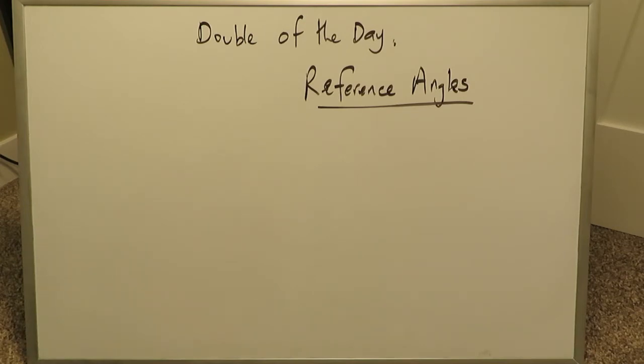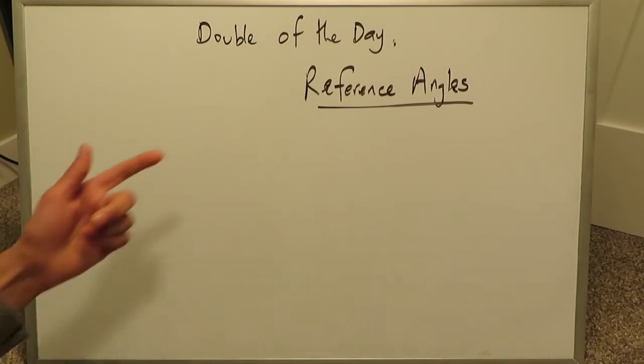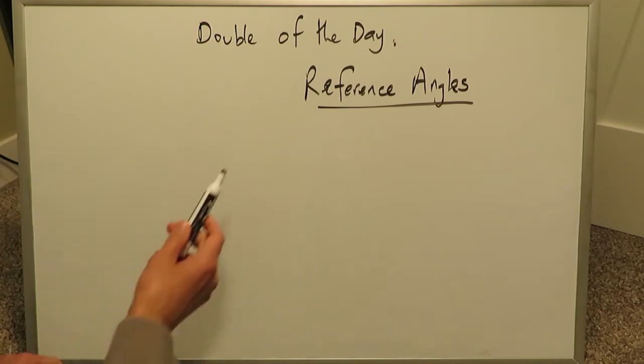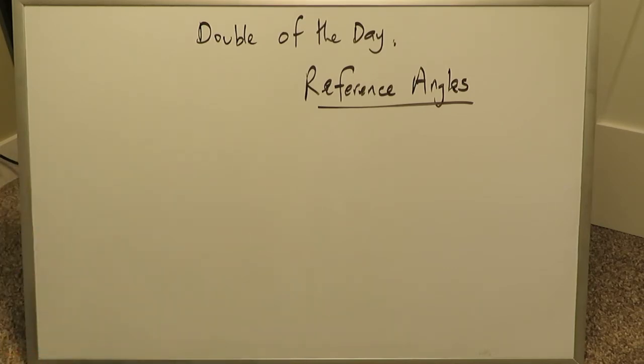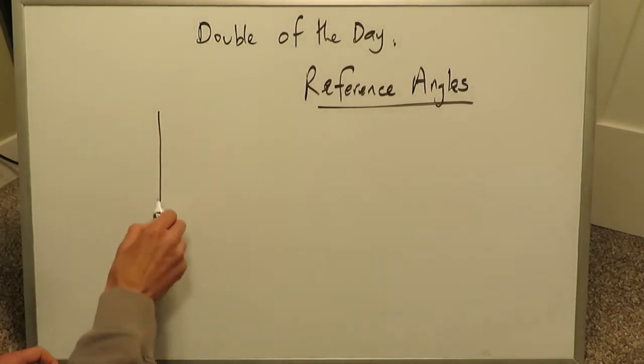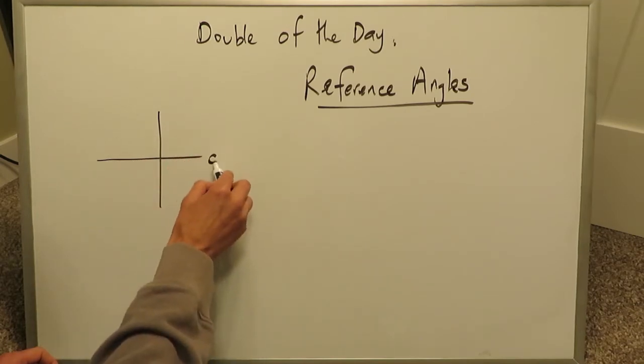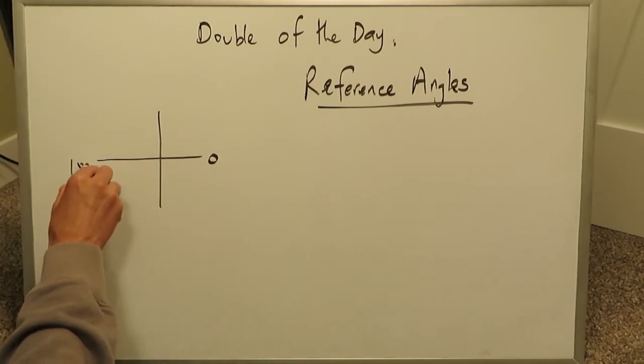Reference angles are among the most important shortcuts when it comes to trigonometry because they enable you to determine the trigonometric values of a given angle by means of that angle's relationship to a reference horizontal line. If you have an x and y axis, your reference horizontal lines are 0 degrees and 180 degrees.